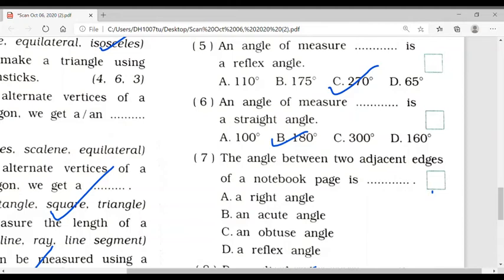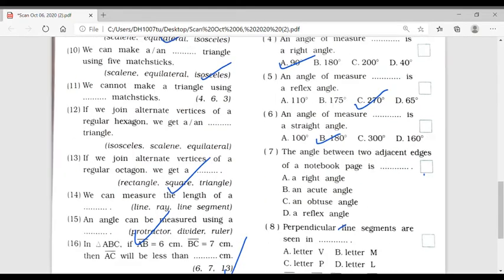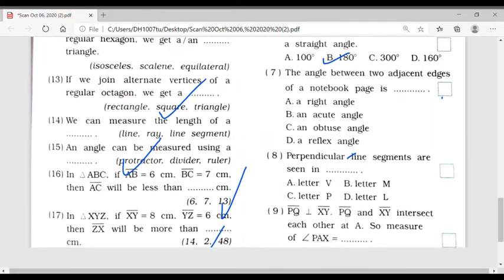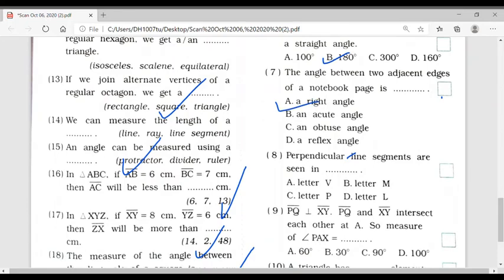Obviously if you open your notebook and see between two edges, there will be a right angle. The right angle will be there between two adjacent edges of a notebook page. So in 7 the A will be the correct answer.